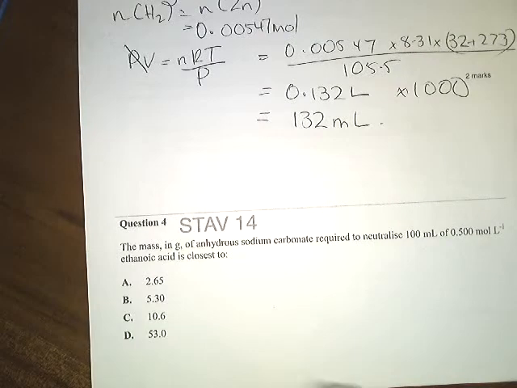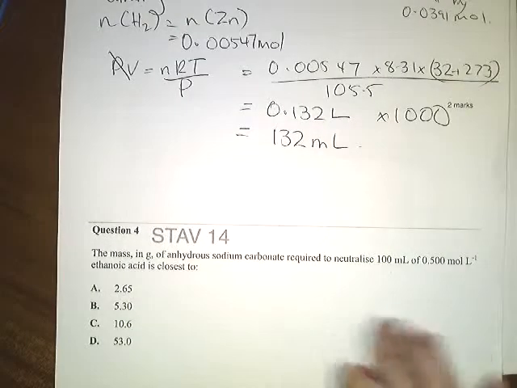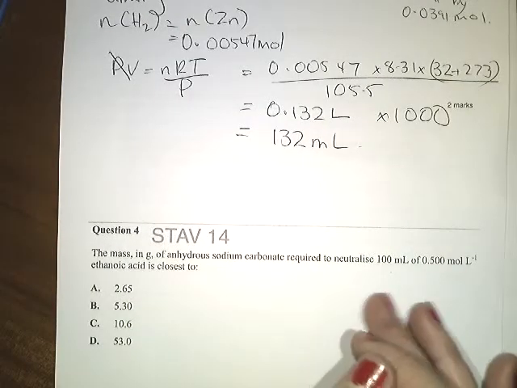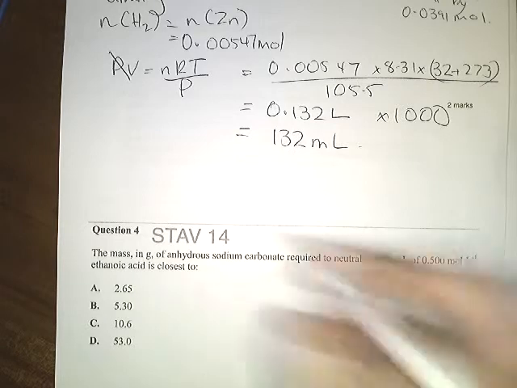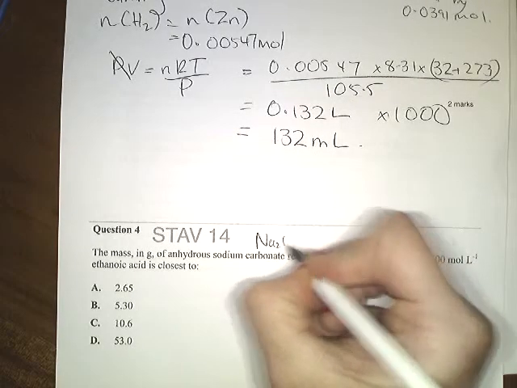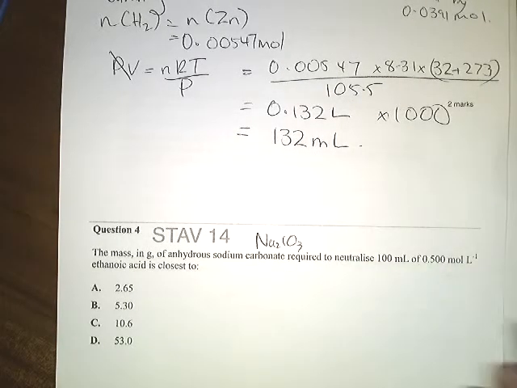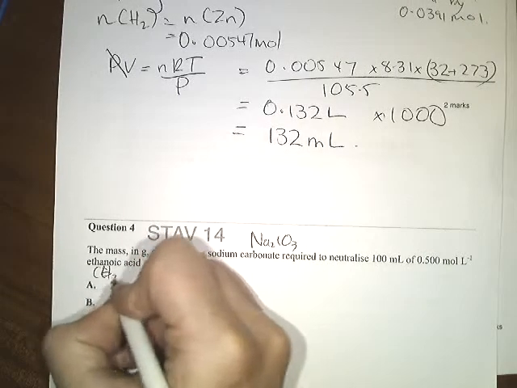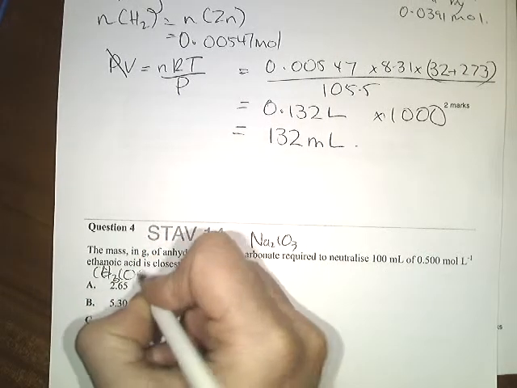Okay, just a few more questions to go. The next question says, what mass in grams of anhydrous sodium carbonate is required to neutralize this particular amount of ethanoic acid?